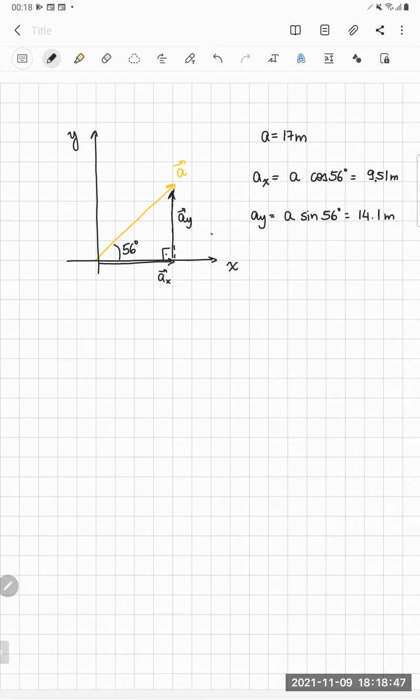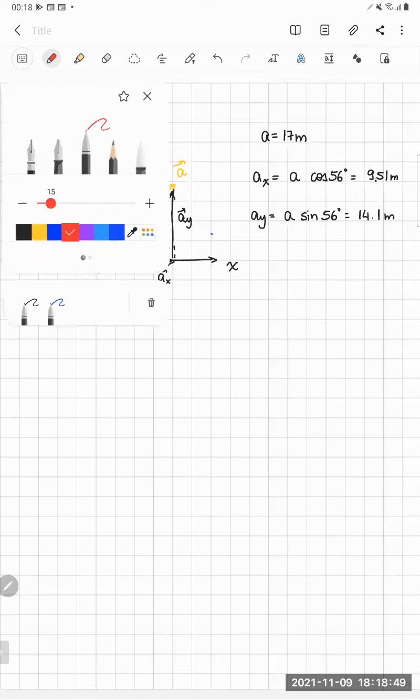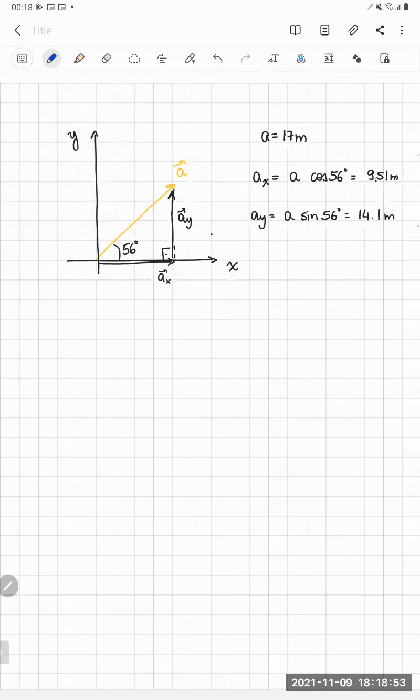The other frame that they gave us is something, let's try to draw it here, is something like this. This is now my x direction, I'll call it x prime, and this is our y direction. And so what are the values of the components of my vector for this blue frame now?